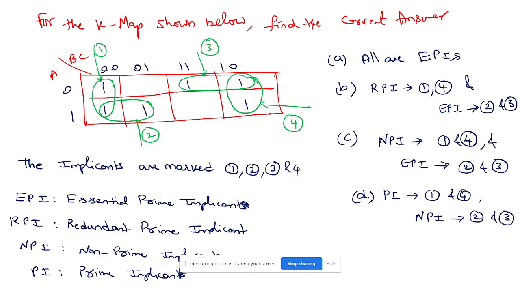For the K-map shown in the figure, find the correct answer. 1, 2, 3, 4. They have grouped something and then gave it to you. And you need to find whether all are PIs, 2 are EPI, 2 are RPI. Then NPI is non-prime, PI is prime implicant.